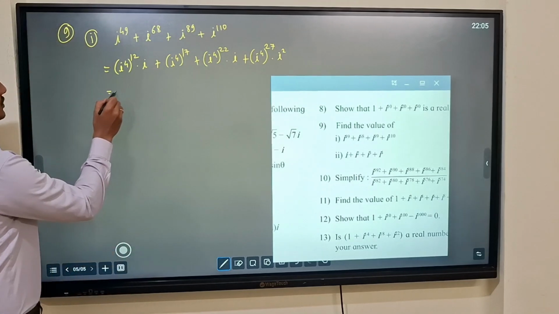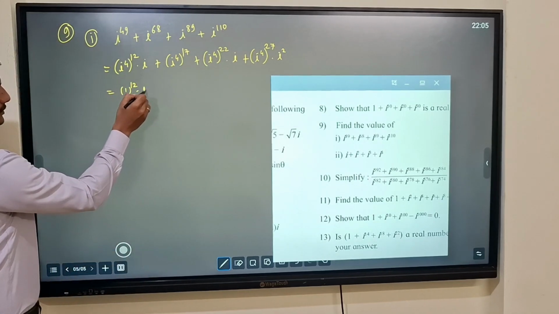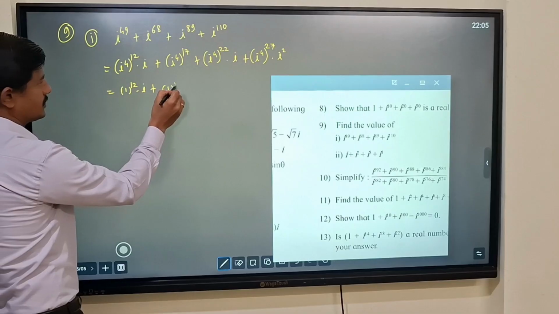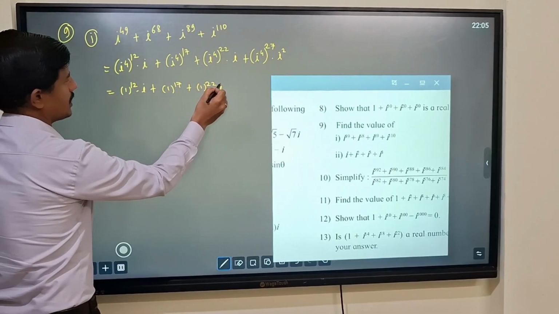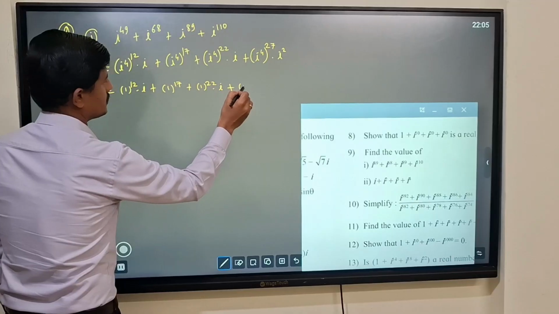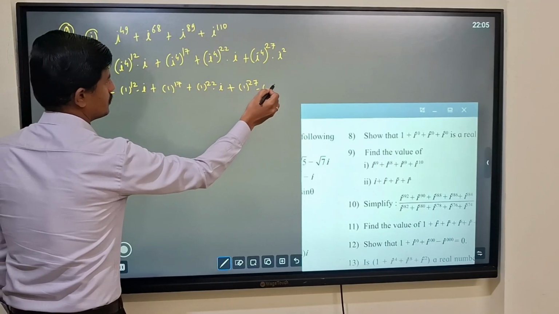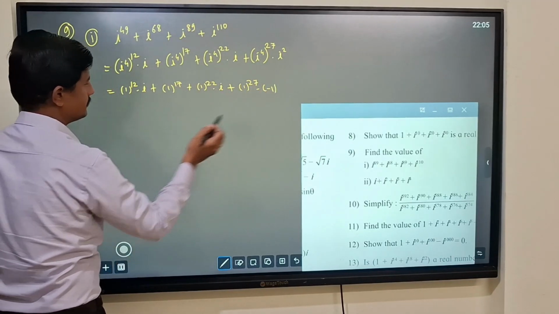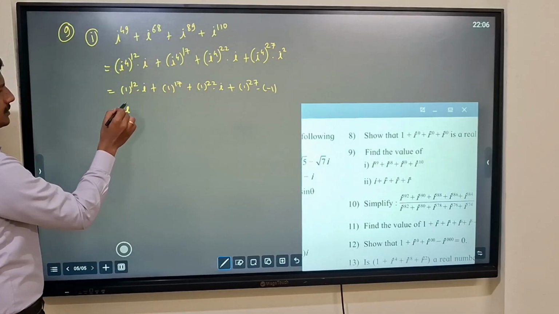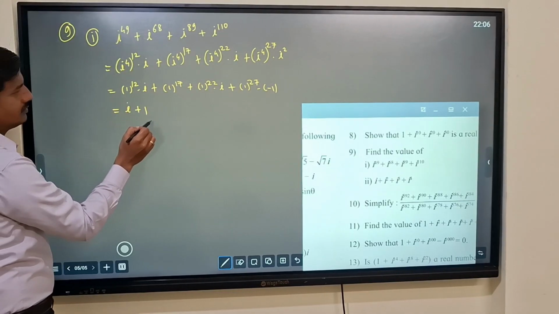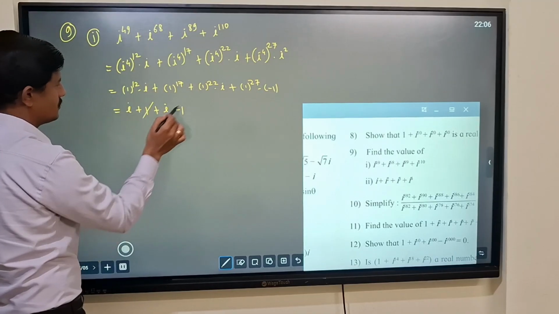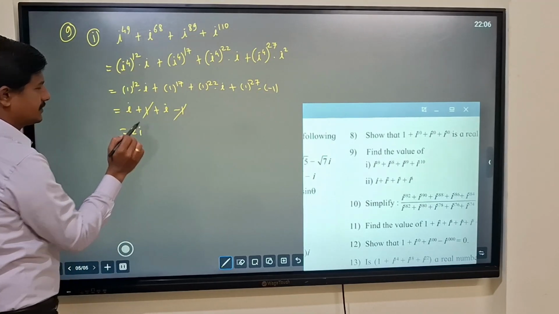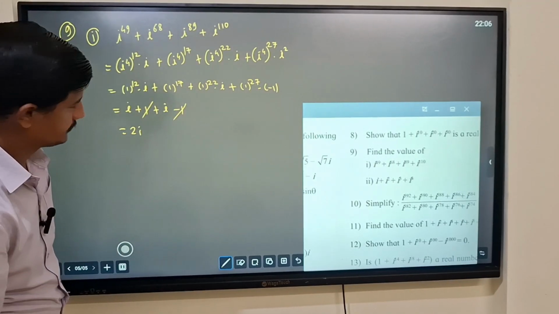Now see, this becomes 1 raised to 12 into i, plus 1 raised to 17, plus 1 raised to 22 into i, plus 1 raised to 27 into -1. So this becomes simply i plus 1 plus i minus 1. So the 1s get cancelled. The answer is 2i.